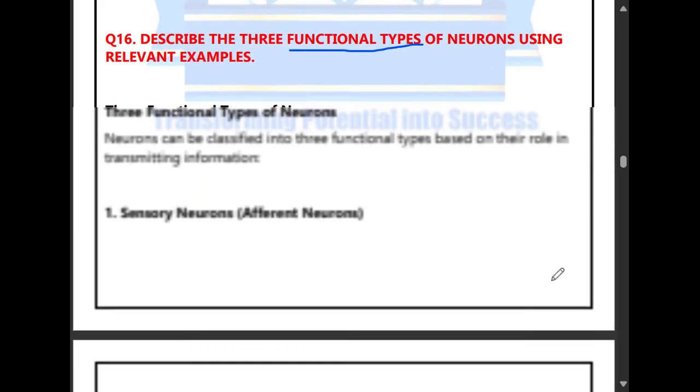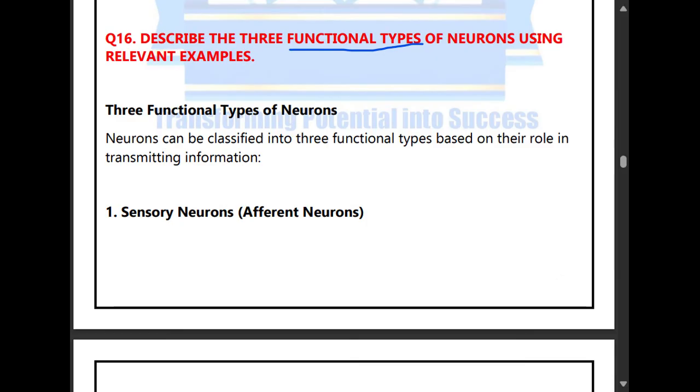Neurons can be classified into three functional types based on their role in transmitting information. But remember, you can also classify neurons depending on the number of poles they have, where you have unipolar, bipolar, and multipolar.